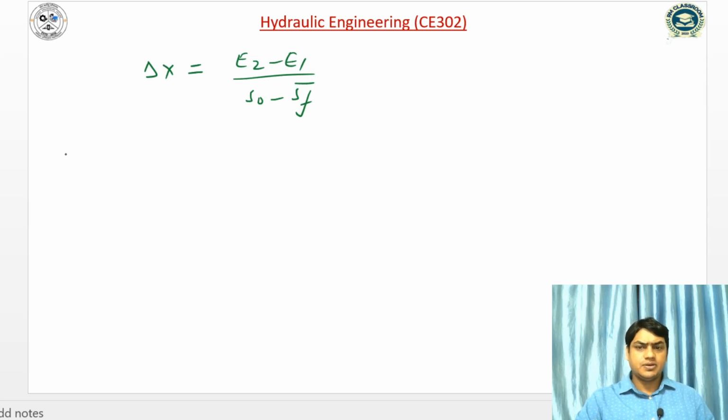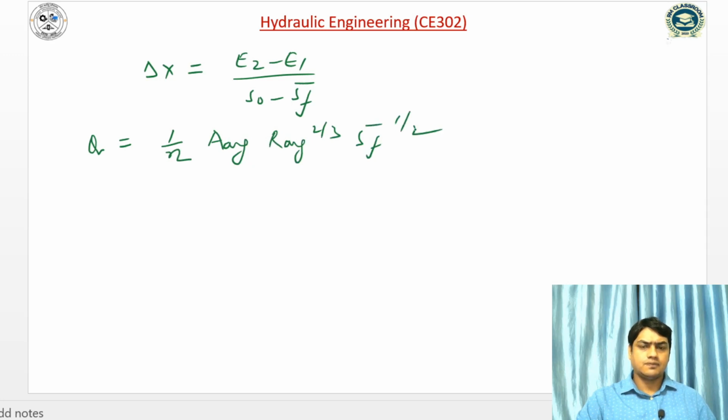So SF bar can be computed, according to Manning's equation, Q is equal to 1 by N A average into R average to the power 2 by 3 into SF bar to the power half.